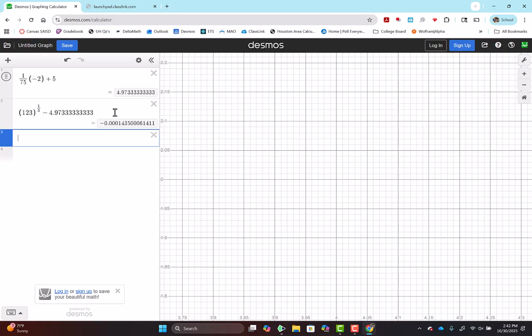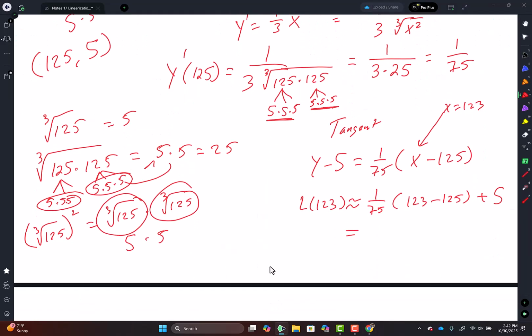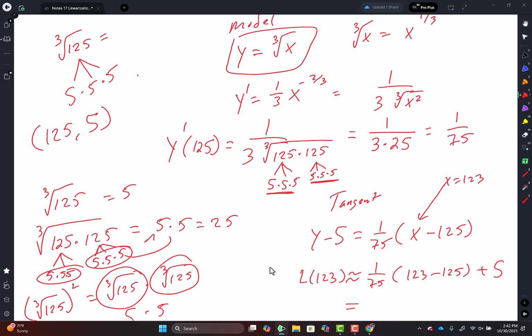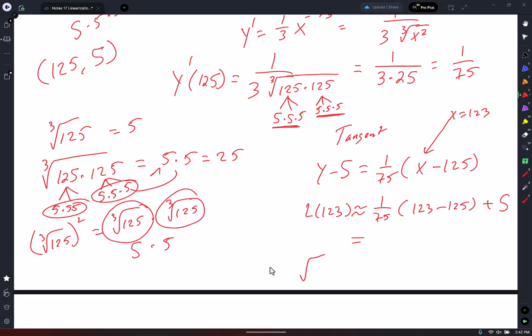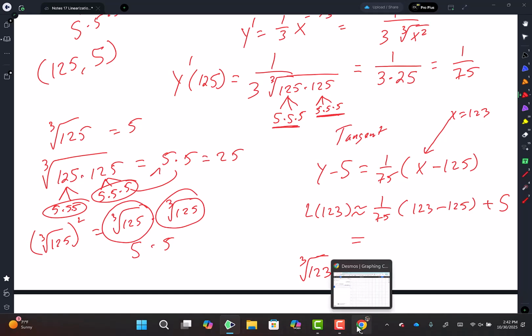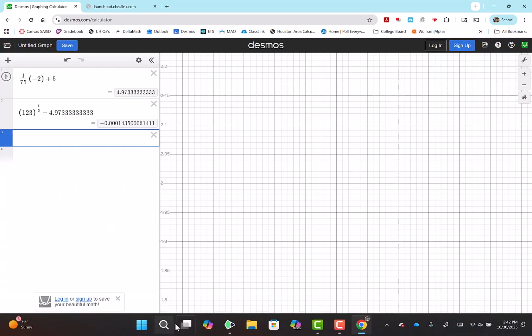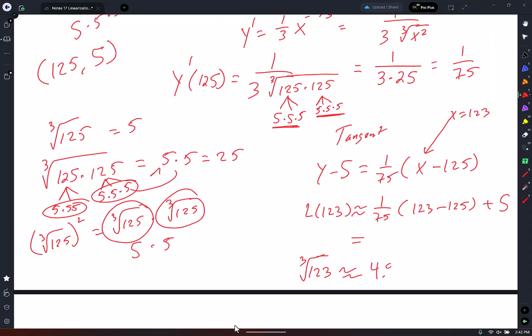Look how close that is. 0.0001. Isn't that pretty close? Oh, are you not entertained? Okay. All right, we're good. Let me write that down. The cube root of 123 is approximately, I already forgot it, guys, 4.97333.